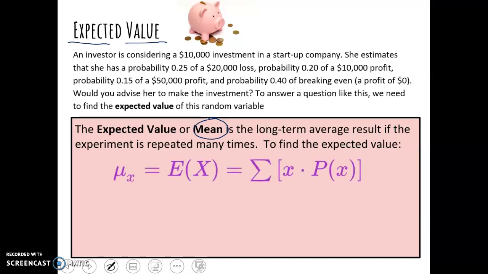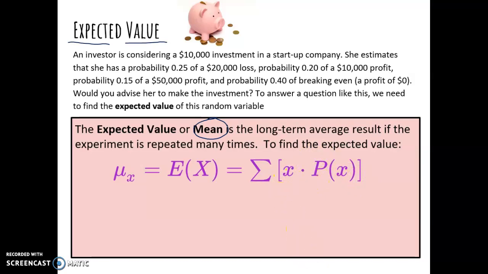So to find the expected value by hand, we have this equation. First, note the notation, mu with a subscript x. So the mean of the random variable is equal to E of x, which represents the expected value. Notice we use the capital X here for random variable, and that equals sigma. Sigma means sum, the sum of all the x's, all the values of the random variables, times their corresponding probabilities.